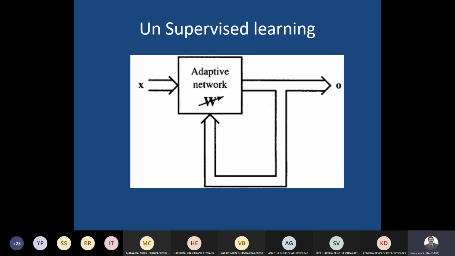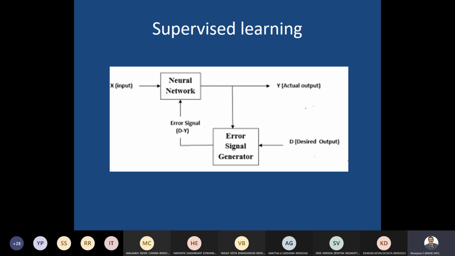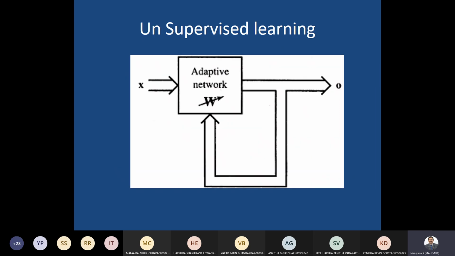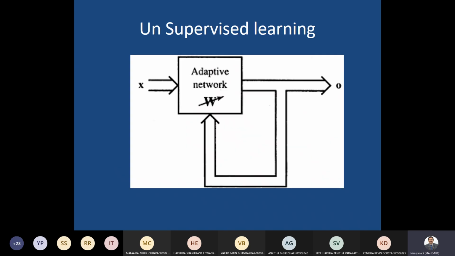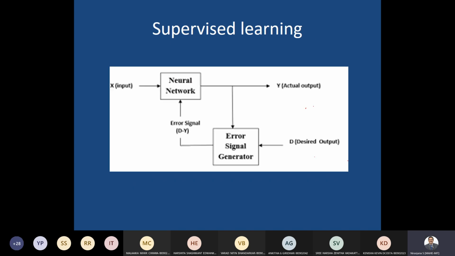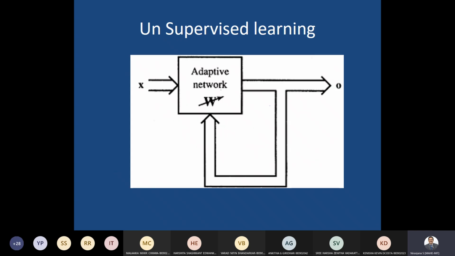Any question here? You got the basic difference between these two? Anyone has any question? Here there is a supervisor. Here there is no supervisor in general, or in technical terms you can say that there is a target here in supervised learning. There is no target or labeled data here.